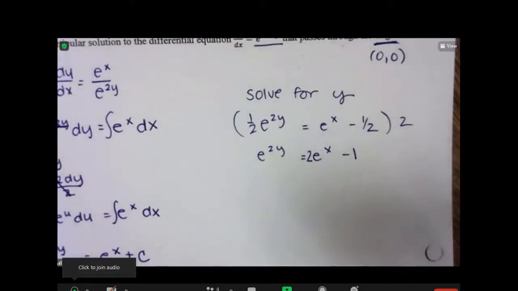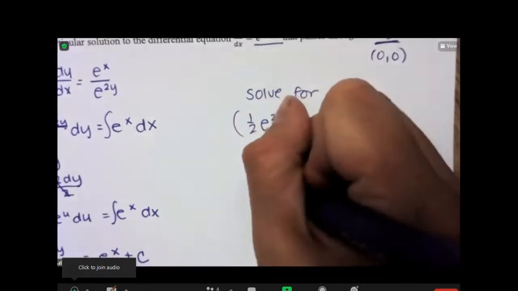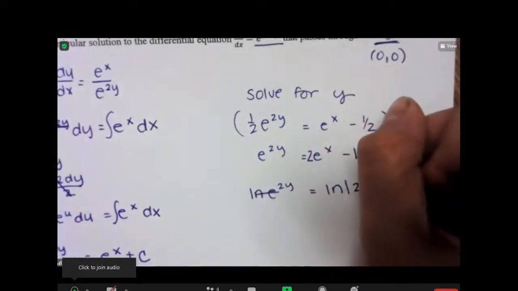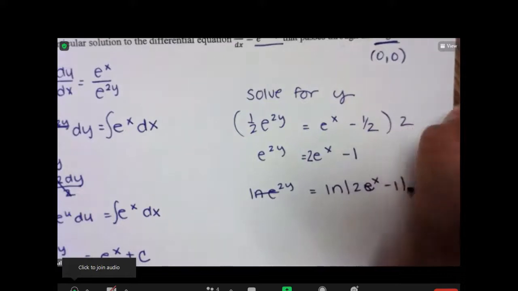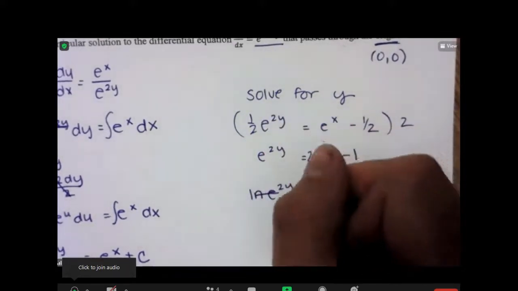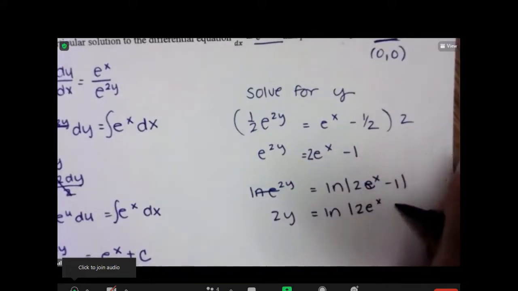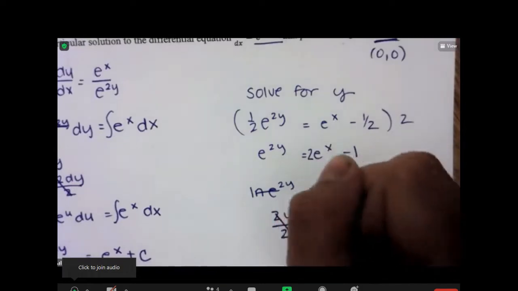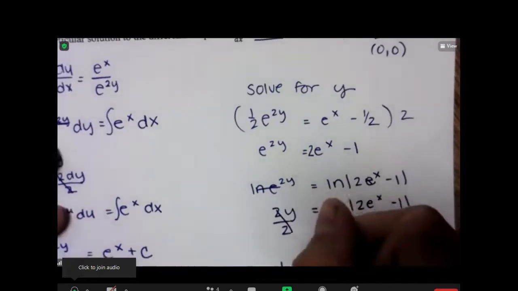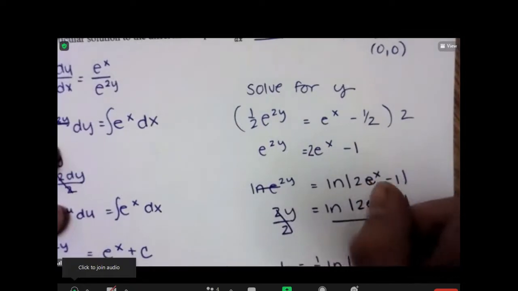And then we're going to get rid of the e by ln'ing. And then the last thing is, since it's 2y, we're going to divide both sides by 2. And you could write that 2 out in front, or you could write it underneath.